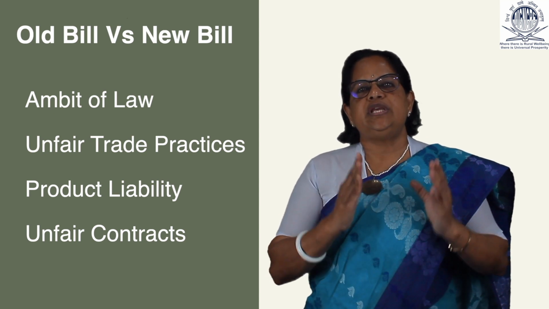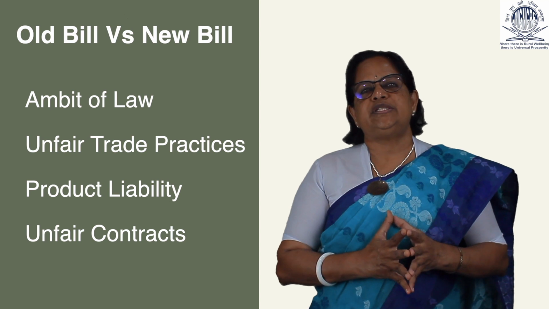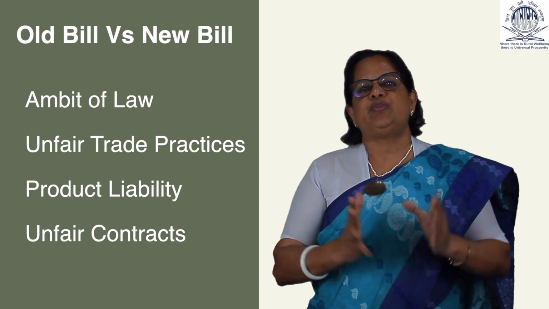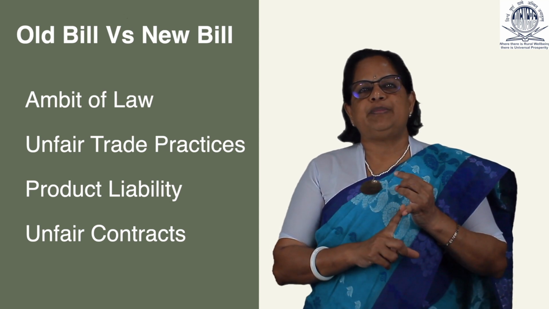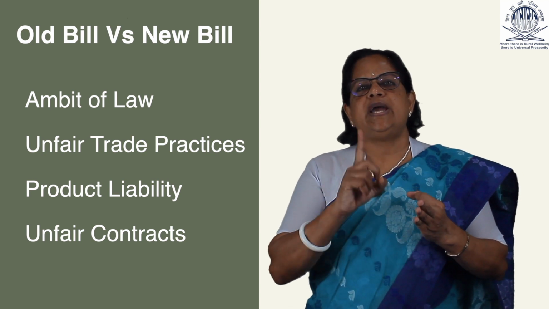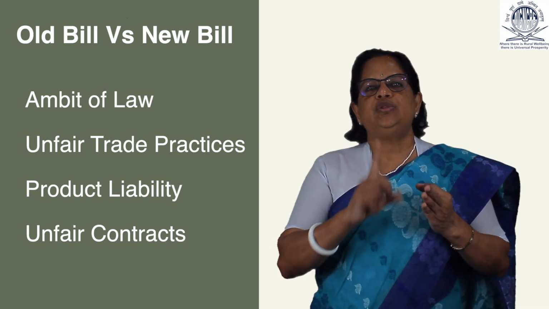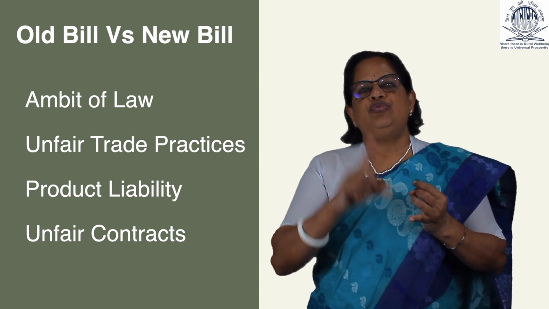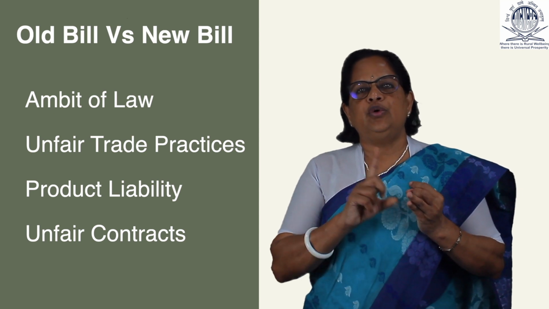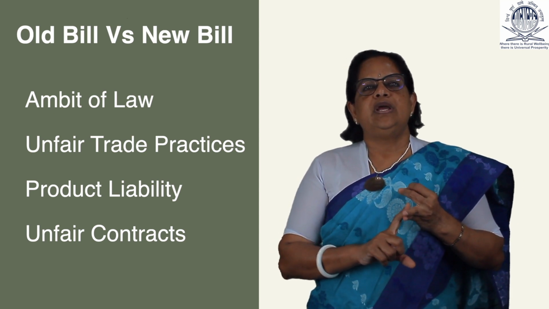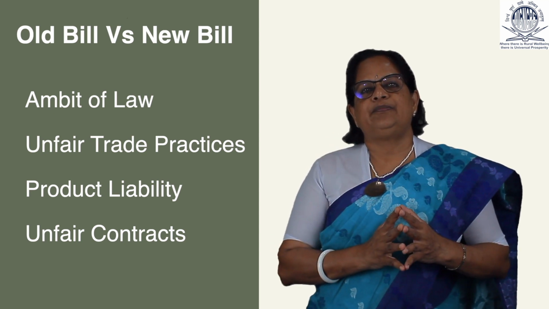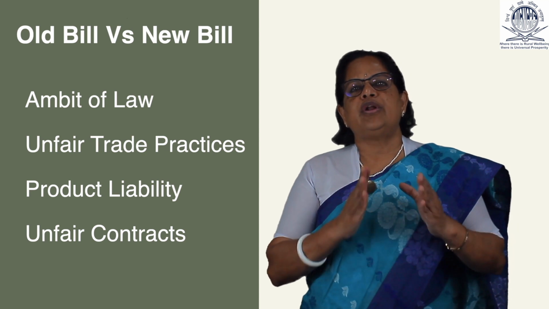The second distinction is about the unfair trade practices. The old Act includes 6 types of such practices like false representation, misleading advertisements, whereas the new Act adds 3 types of practices to the list, namely failure to issue a bill or receipt, refusal to accept a good returned within 30 days, and disclosure of personal information given in confidence, unless required by law or in public interest.